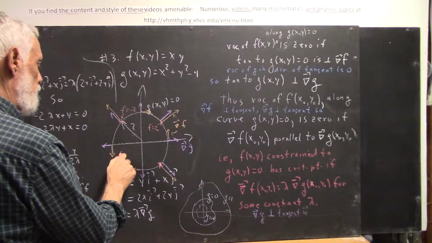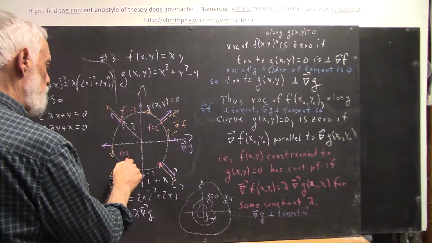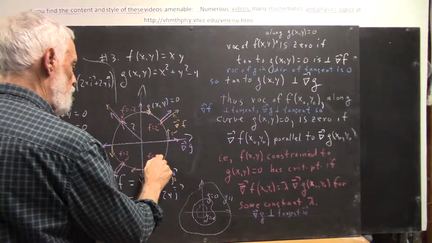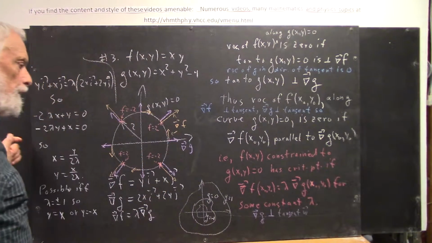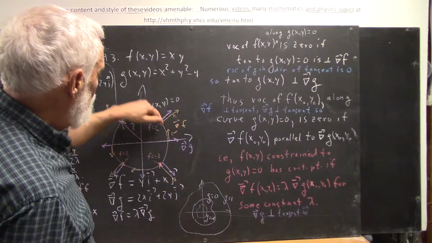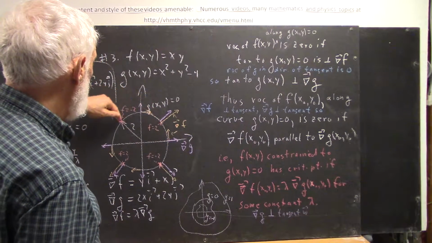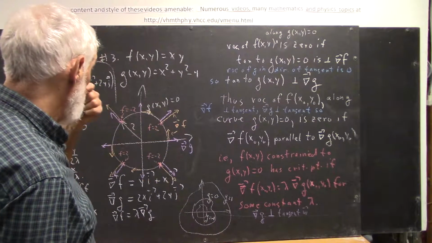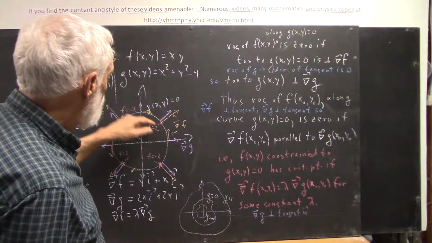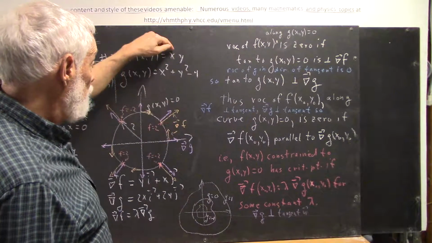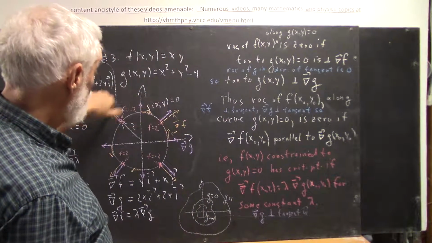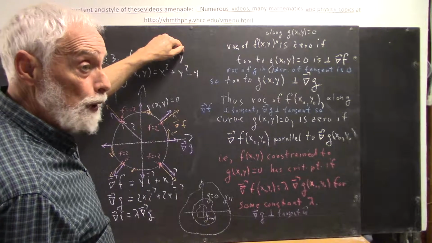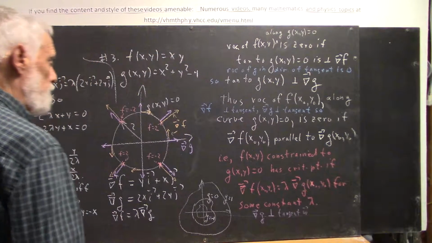And then at this point the value of f is 2, and at this point the value of f is negative 2. So we see that we have a maximum value here, a minimum value here, a maximum value here, a minimum value here. On the coordinate axes, at any point on either coordinate axis, either x or y is going to be 0, so the function is going to be 0.